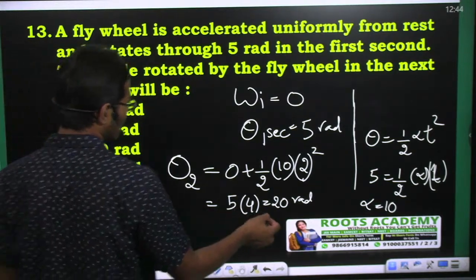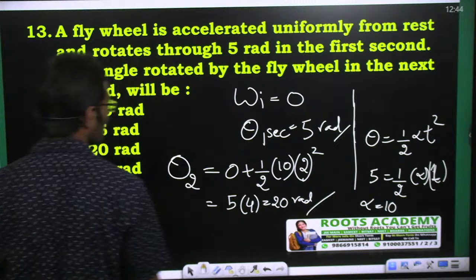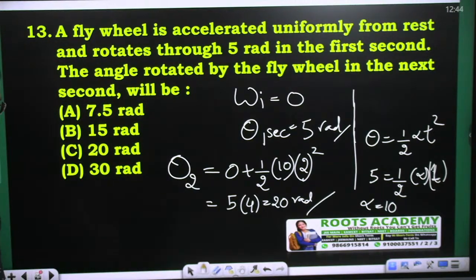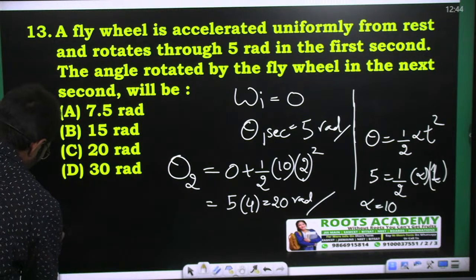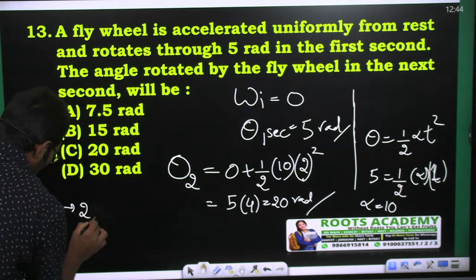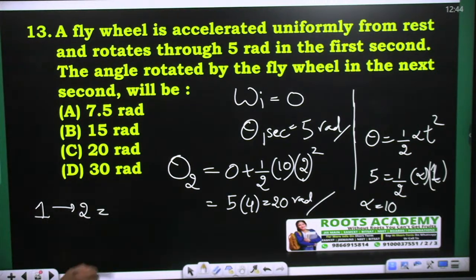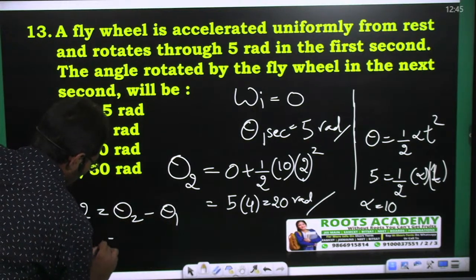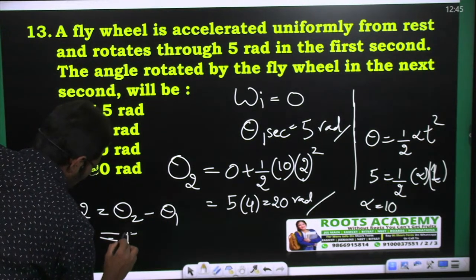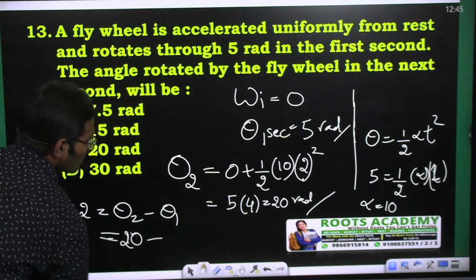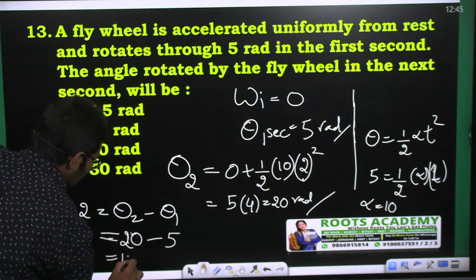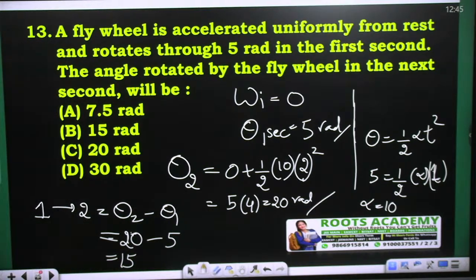After 1 second, theta is 5. The question is the angle rotated by the flywheel in the next second. From the first second to the second second, the angle rotated will be theta 2 minus theta 1, that is 20 minus 5, equal to 15. Basic fundamental simple question.